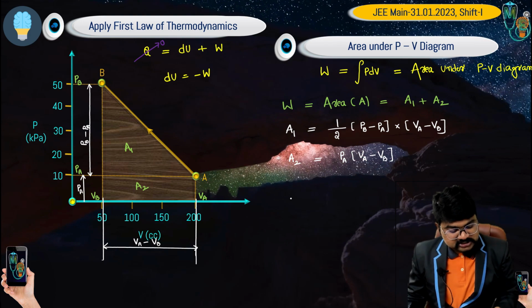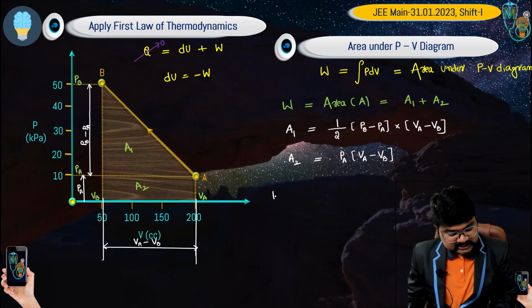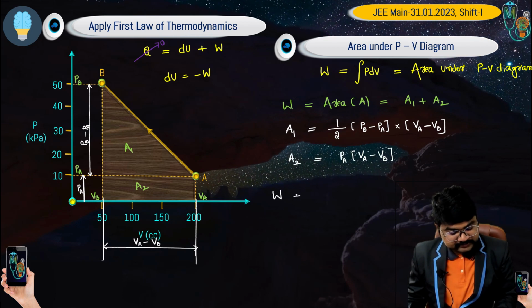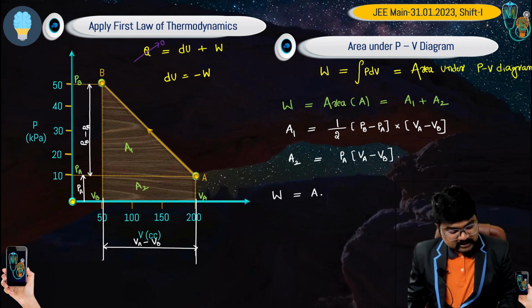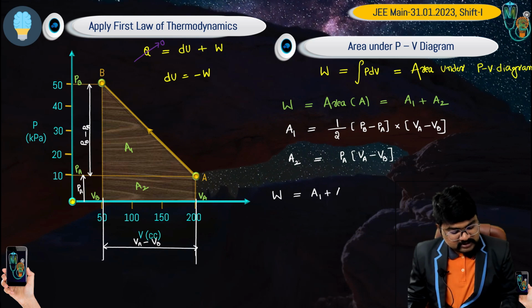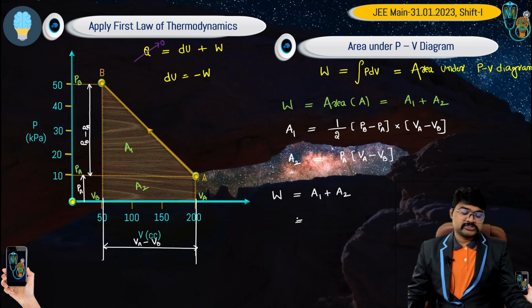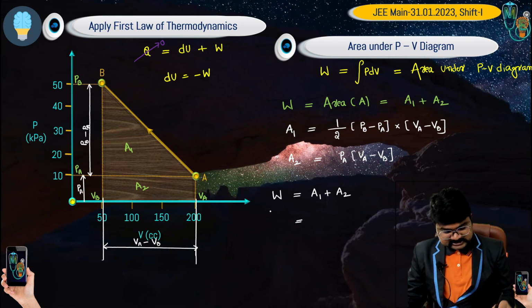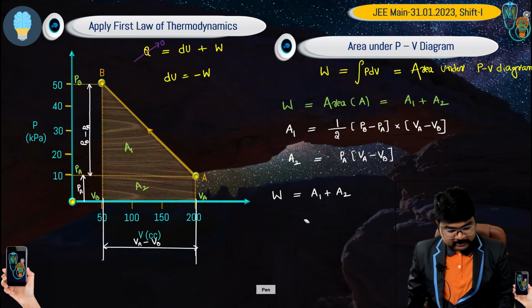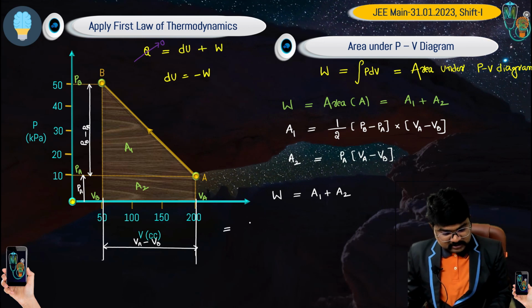Once you add these both, what is the work done? Area A1 plus A2.